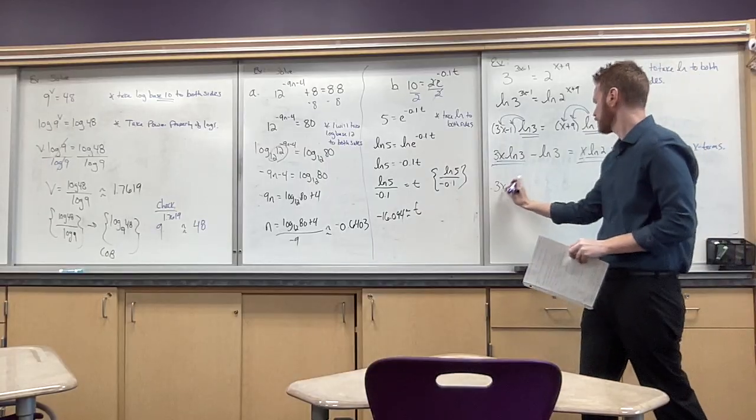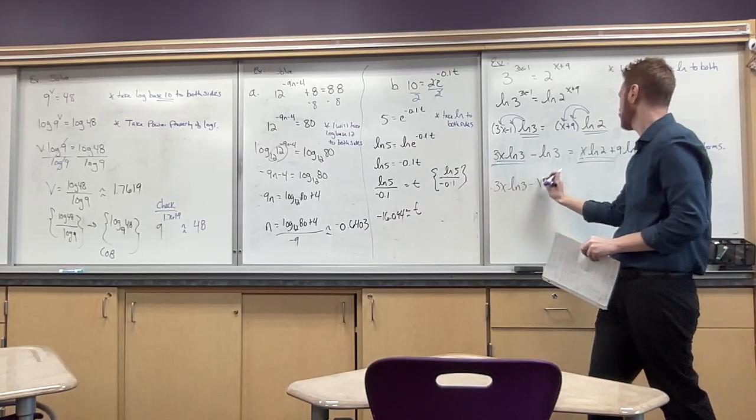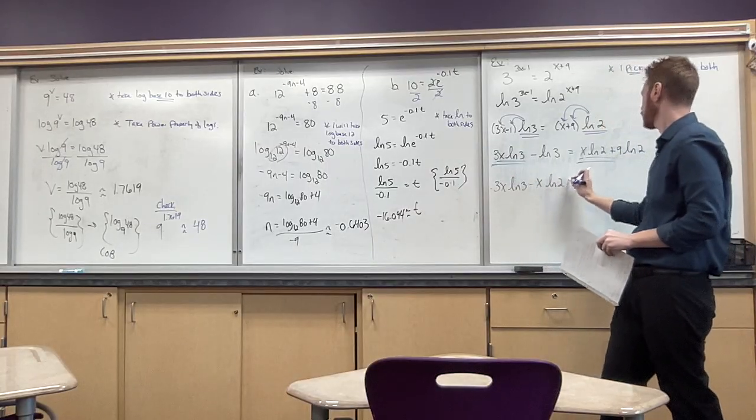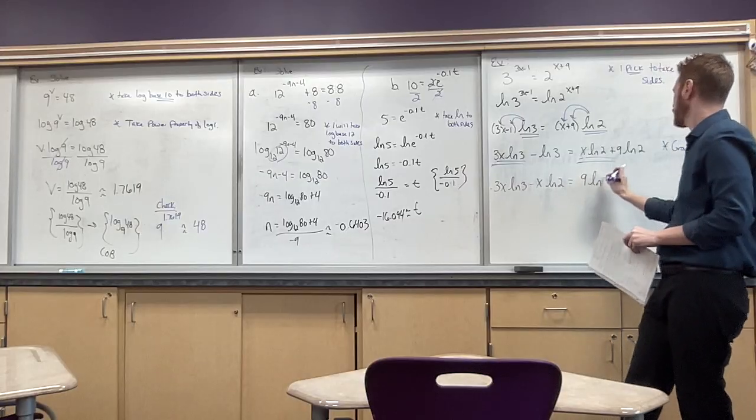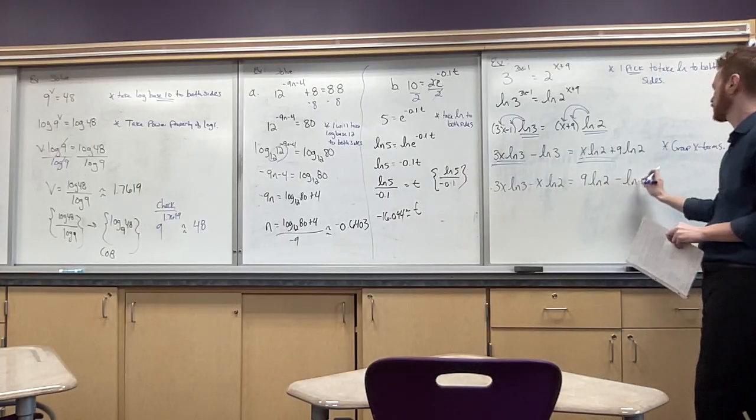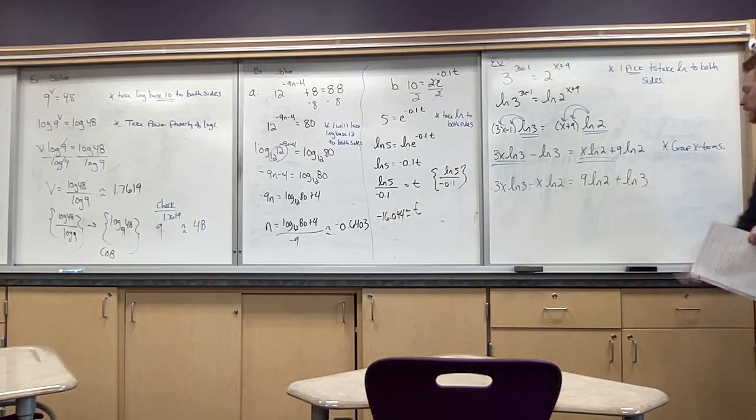So I get 3x ln of 3 minus x ln of 2 equals 9 ln of 2, minus, oh, not minus now, plus the natural log of 3. Okay? So I did 2 things in 1 step, just to save some board space, because as you can see, I'm kind of running out again.